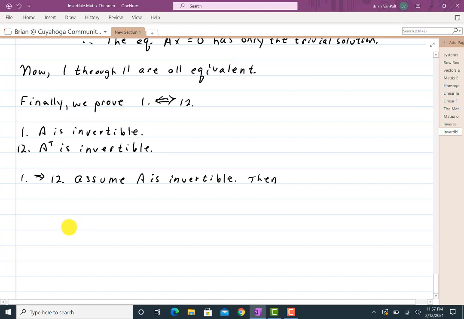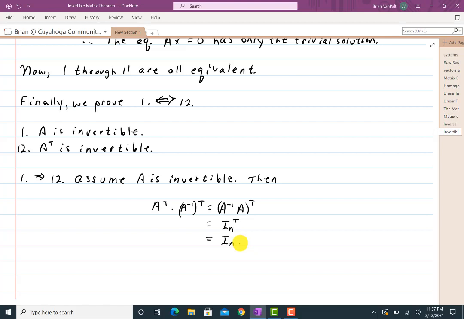And then A transpose times A inverse transpose equals A inverse A transpose. Remember, if you take the product of these two matrices, notice that they're reversed from these two. Well, this is equal to I sub n transpose, and the identity matrix, if you transpose it, it's still the identity matrix because none of the diagonal elements are changed and everything else was 0 anyways.